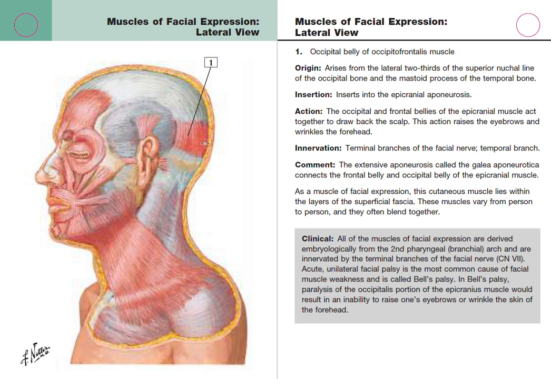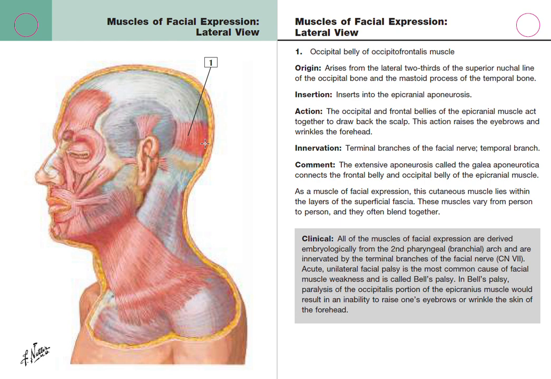The occipital and the frontal bellies of the epicranial muscle act together to draw back the scalp. This action raises the eyebrows and wrinkles the forehead. Same with the frontal belly of the occipitofrontalis muscle.